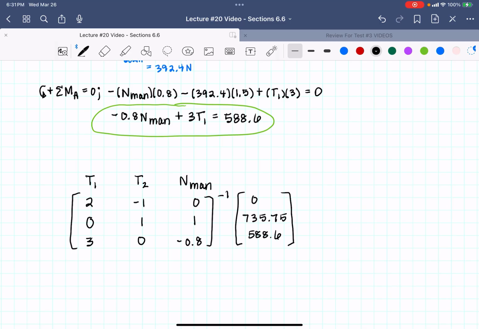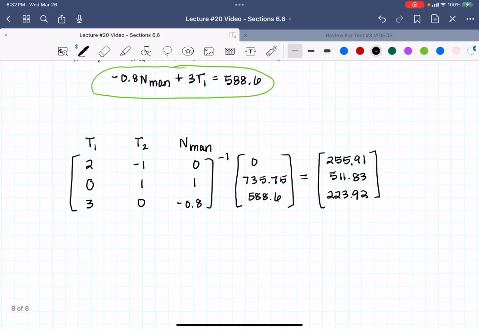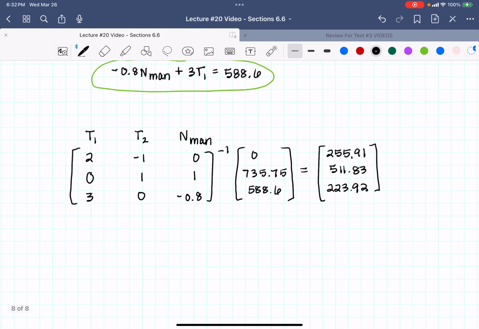I'm going to plug all that into my calculator, and out of my calculator, I'm going to get 255.91, 511.83, and 223.92. And remember, they are in the order that you listed them. So the top one is going to be T1, the second one is going to be T2, and the normal force of the man is going to be the number 3.